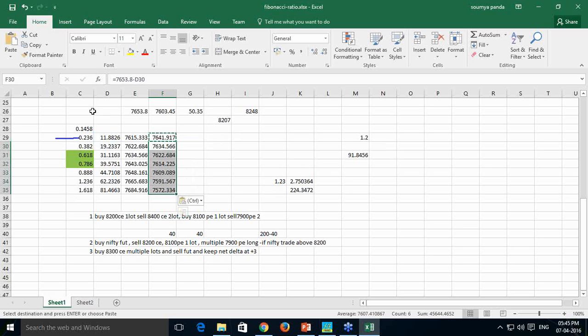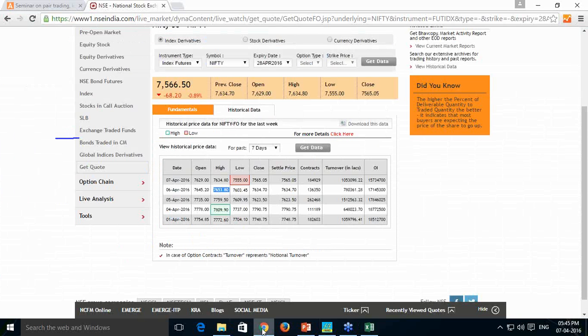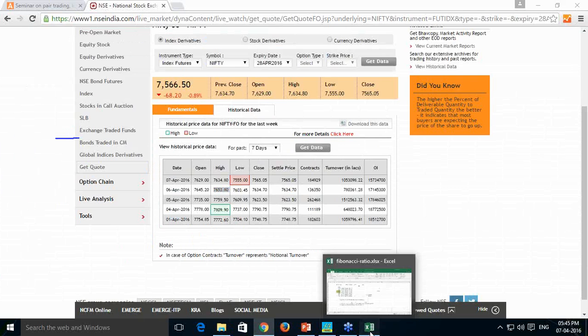This is what I am taking for 6th April 2016. Based on this, I have to make some estimation for 7th April. The 6th April closing is showing me 7634.7.